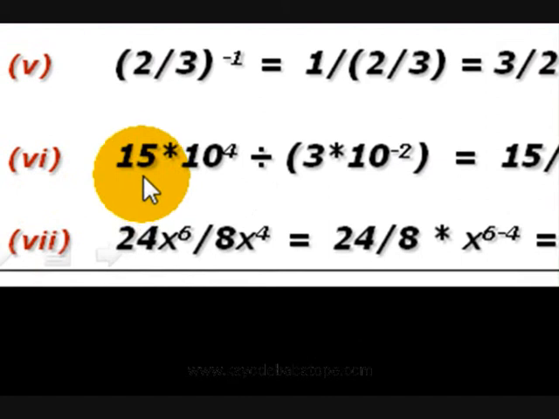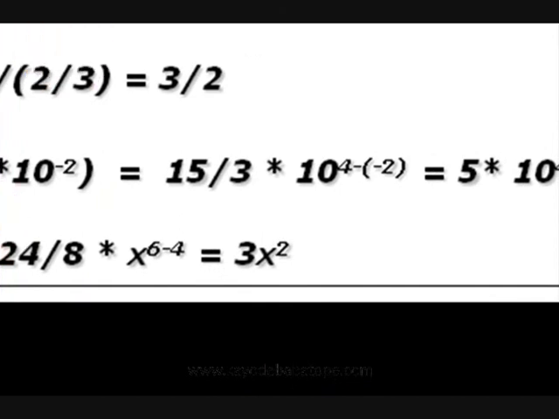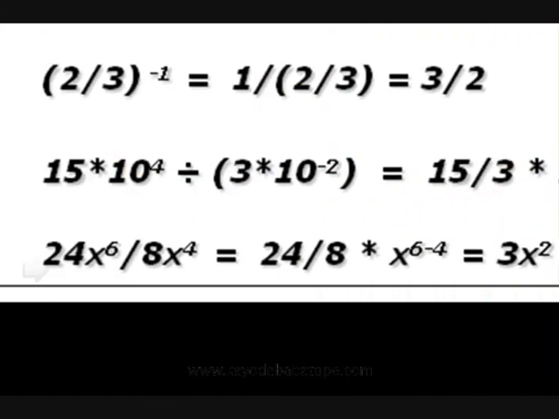Question 6 says 15 times 10 raised to power 4 divided by 3 times 10 raised to power minus 2. You can see that you'll have these numbers that have the same base, and then you have the coefficient part. So you can treat the coefficient part with the normal arithmetic principles. That is, you can have 15 divided by 3.